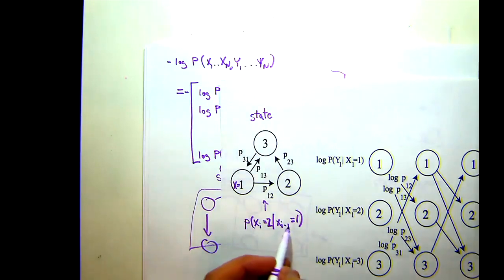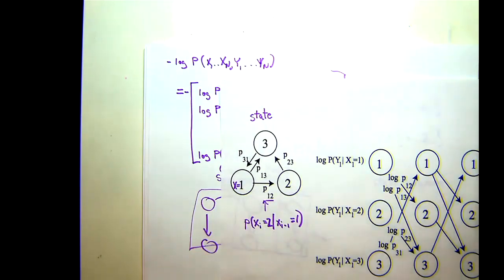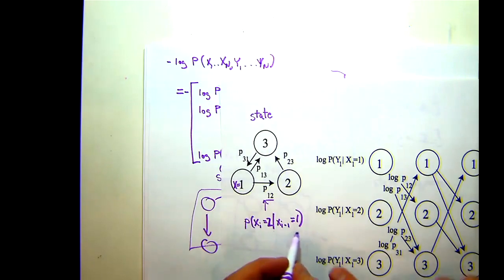So basically, if I'm in state 1, what's the probability of going to state 2? And the same thing, if I'm in state 2, what's the probability of going from state 2 to state 3? So this represents just the transitions among the x's.